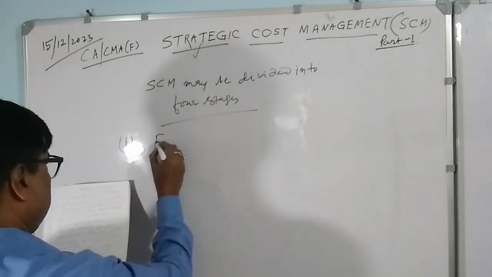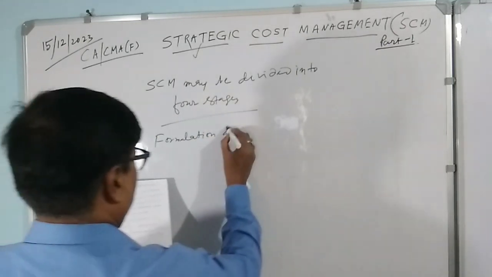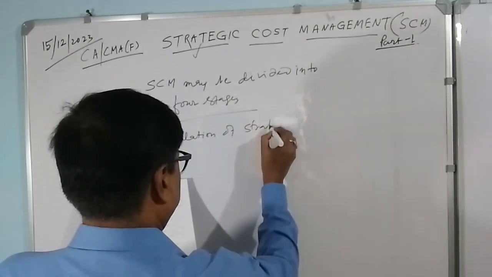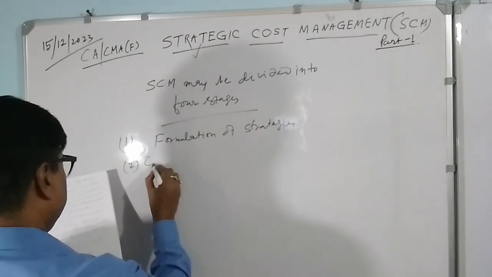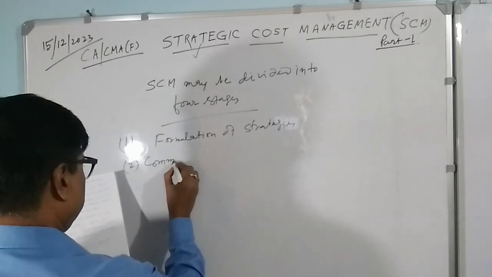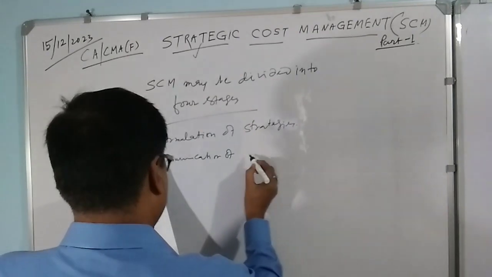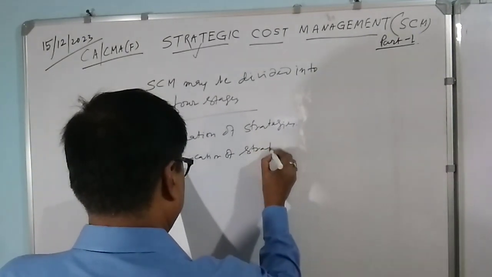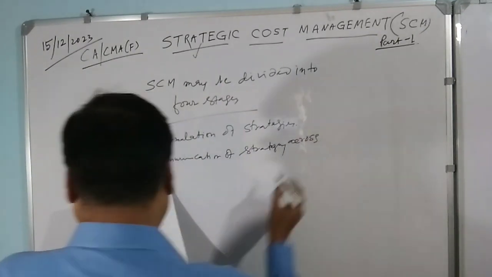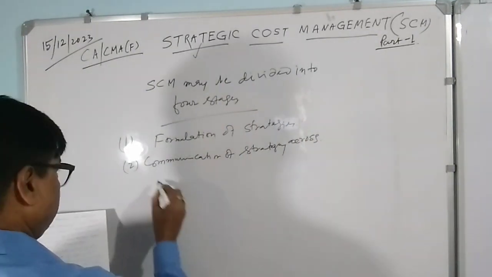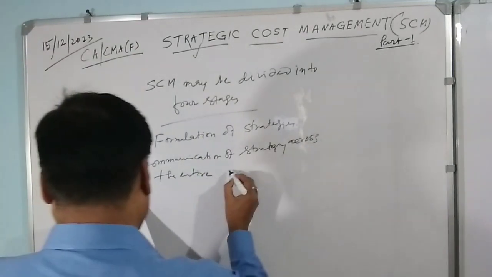Number 1, formulation of strategies. Number 2, communication of strategy across the entire organization.